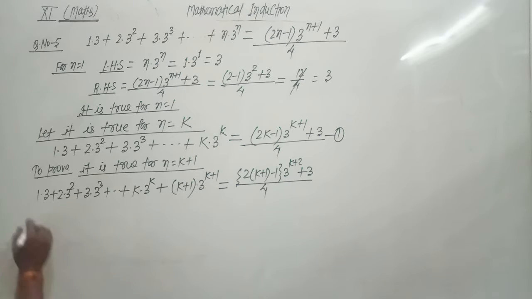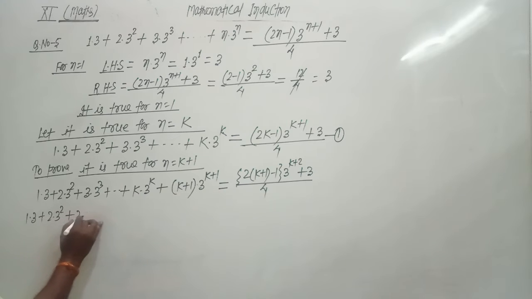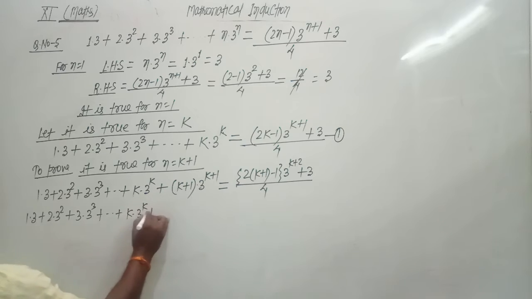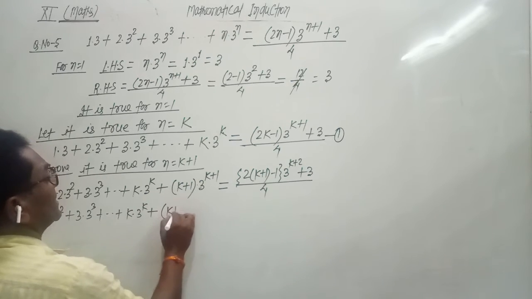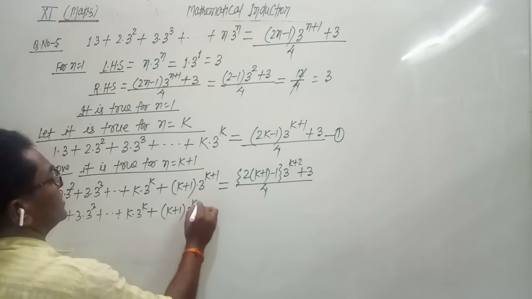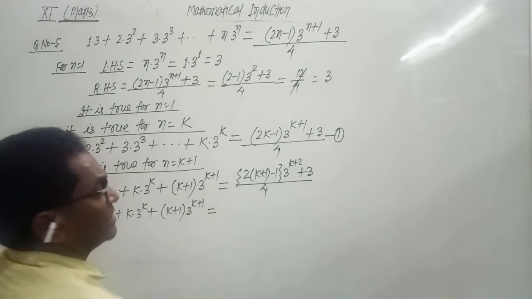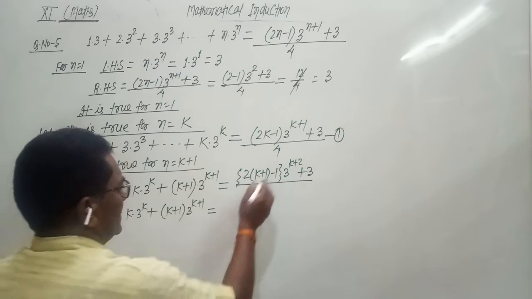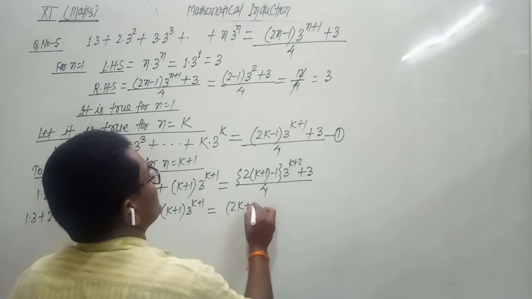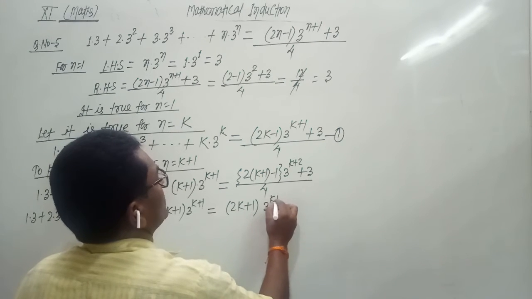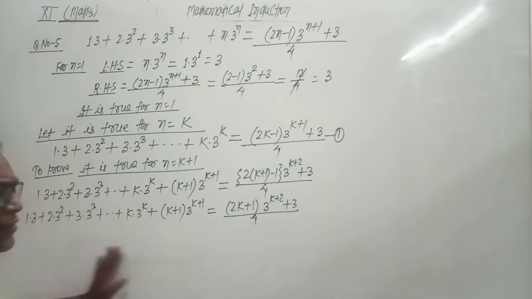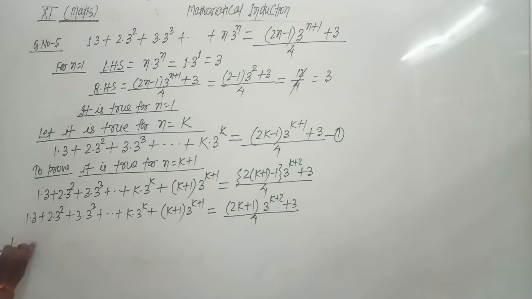So this becomes 1 into 3 plus 2 into 3 squared plus 3 into 3 cube, and so on, plus k into 3 raised to the power k, plus (k plus 1) into 3 raised to the power k plus 1. After solving, 2k plus 2 minus 1 becomes 2k plus 1, into 3 raised to the power k plus 2, plus 3 upon 4. Now we will prove LHS equals RHS.